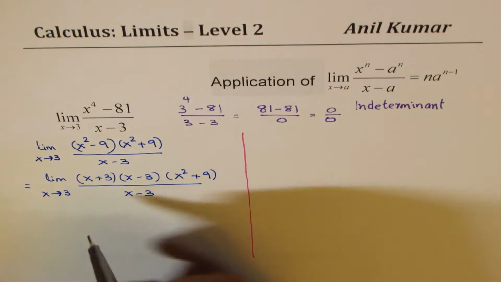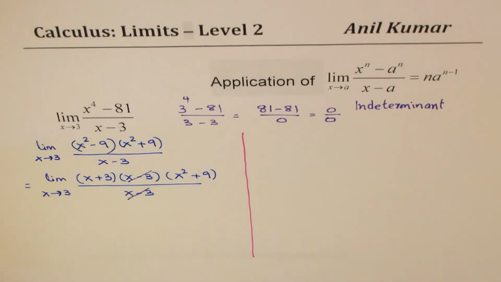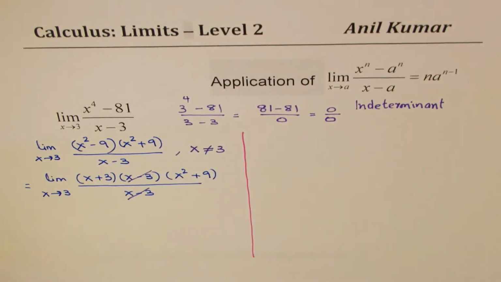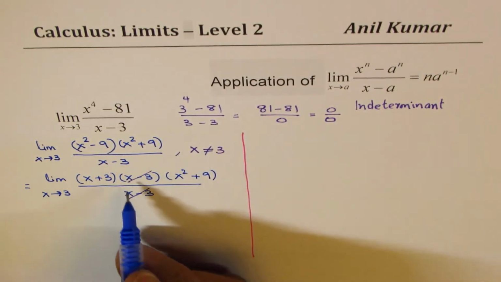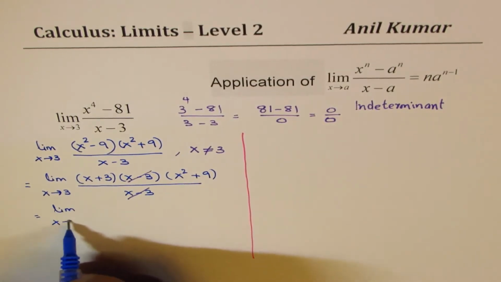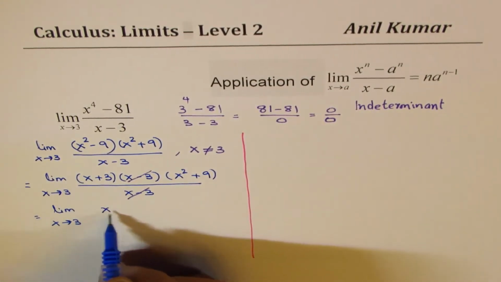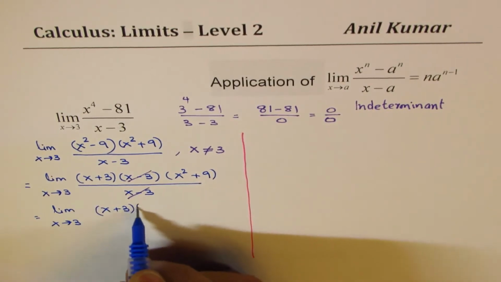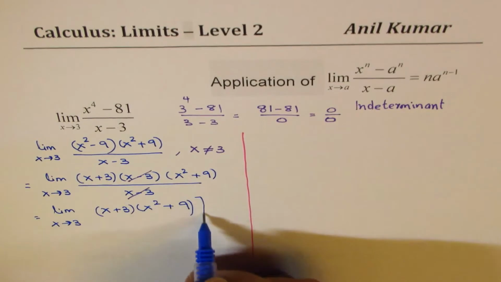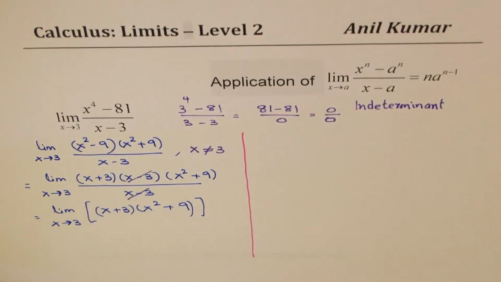Now you can see that x minus 3 is a common factor, and of course x is not equal to 3 since that makes the denominator 0. So after cancelling this out, we get the limit as x approaches 3. The numerator is x plus 3 times x square plus 9. Denominator is just 1. So that is what we get.